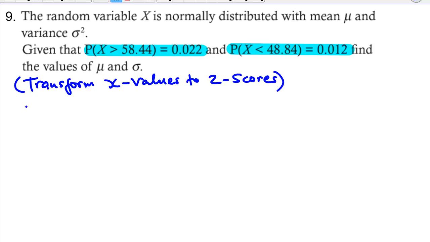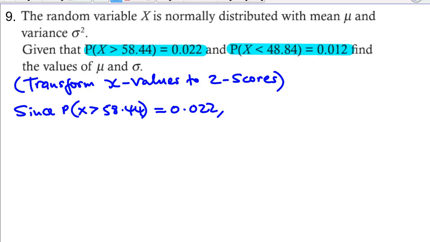Now, this is very important since the probability that x is greater than 58.44, this is an x value, is equal to 0.022.